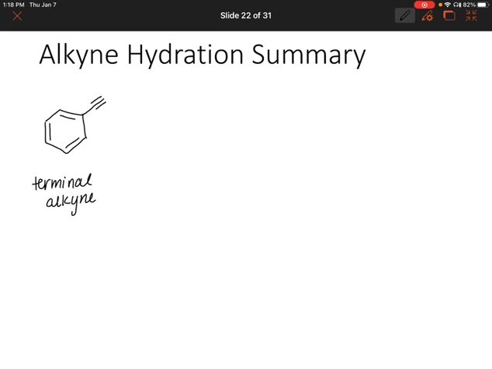We saw that if you perform acid-catalyzed hydration, so you've got catalytic acid in water, and you're also using a catalyst, mercuric sulfate, that's going to produce a ketone at the more substituted carbon.